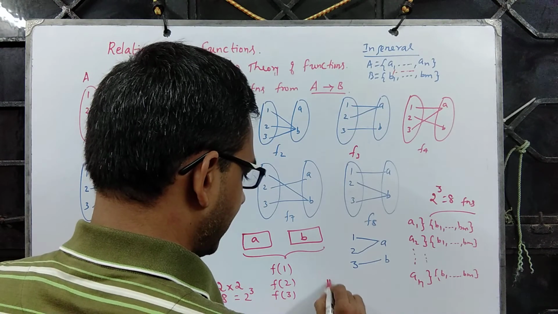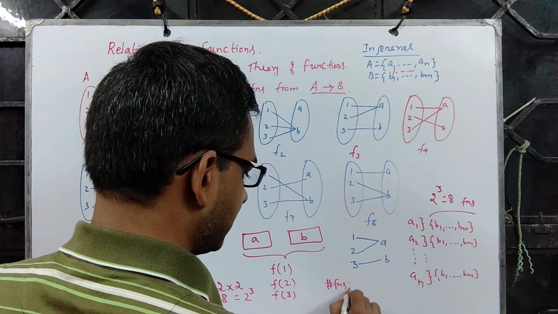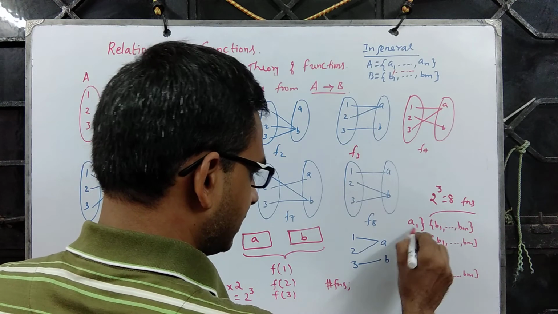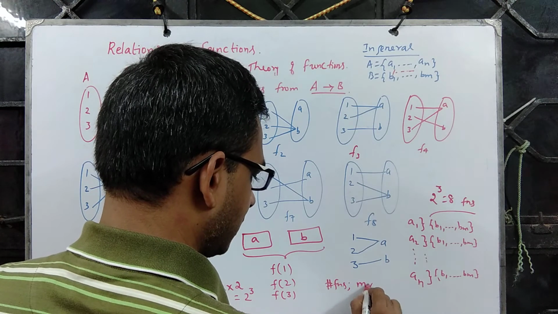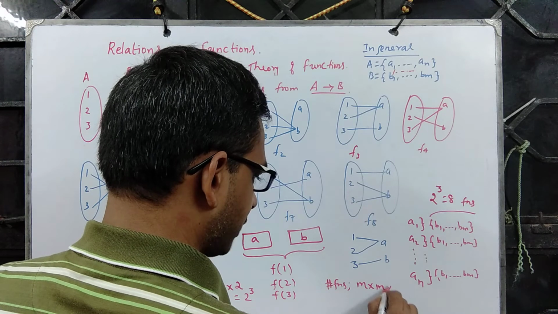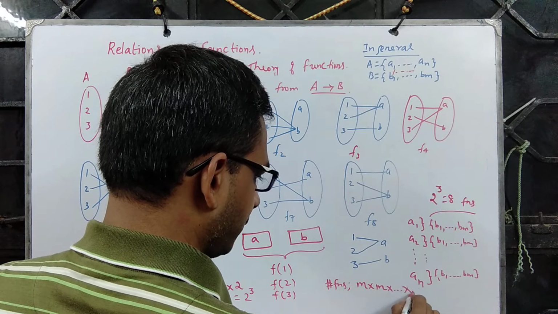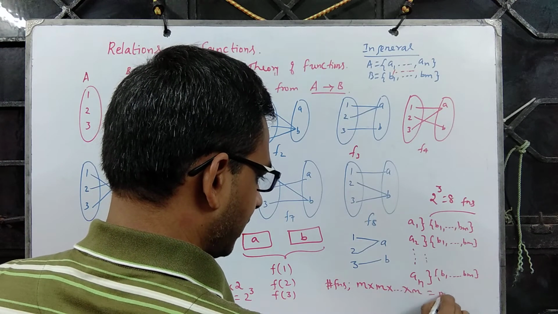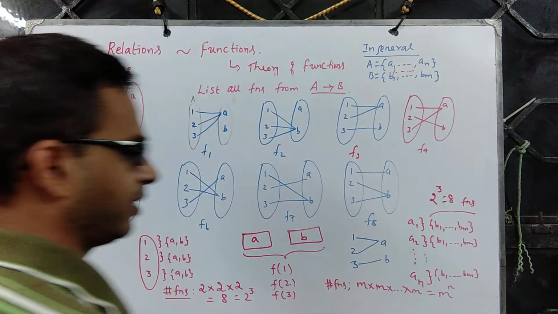That shows that number of functions is, for this there are m possibilities, for A2 there are m possibilities, so on up to AN. That tells you there are m power n.